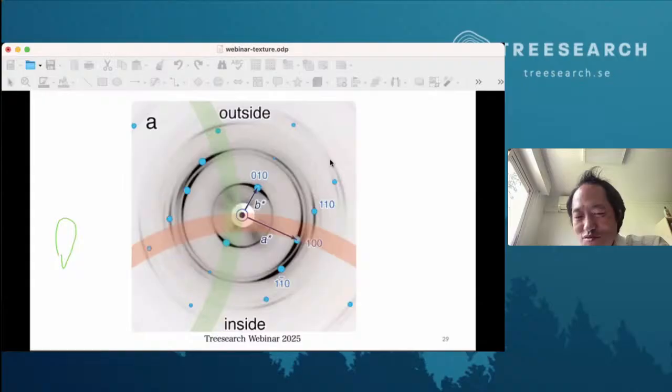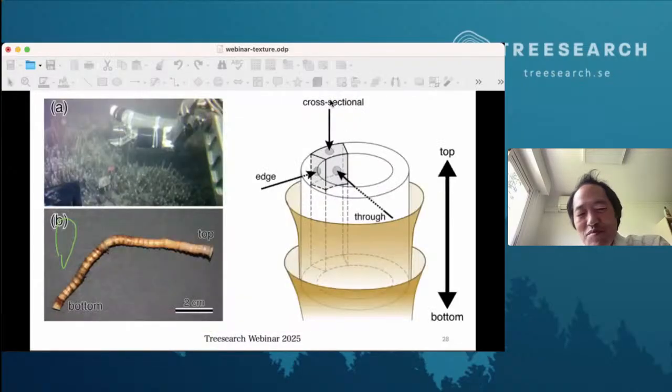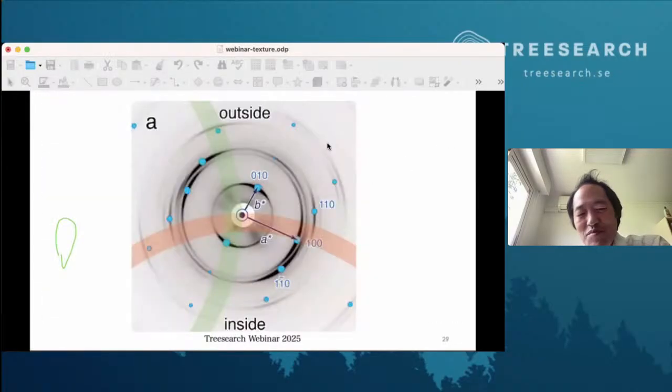And from the top, in the cross-sectional view, we obtain this. And this directly tells us that it has a very particular orientation, and it tells us the direction of the reducing end in the structure itself, because it is asymmetric.